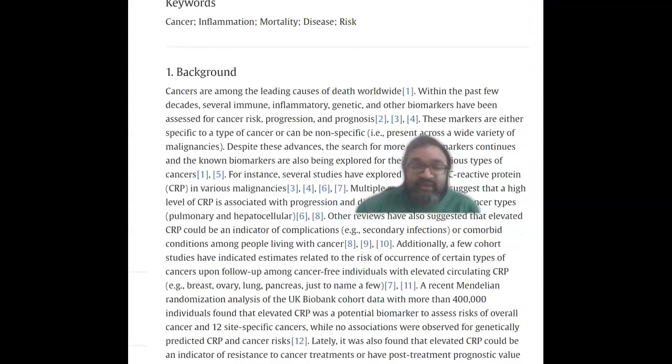So the background is where, and the other purpose of my talk here is to try to describe how the research paper process works. We start off by saying that cancer is a leading cause of mortality, and usually when you're structuring a paper, you want to make statements that have multiple statements within, so that you can condense what you're saying into fewer sentences.